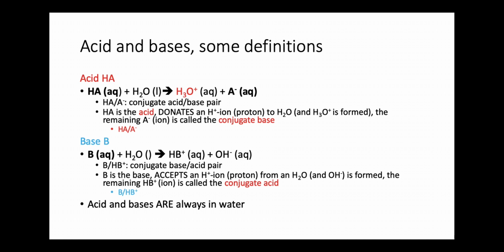So where you see H+ or H3O+, it's the same. The difference is whether we include water, yes or no. And water, that's important, because acids and bases are always in water. So to repeat, HA and A- is a conjugate acid-base pair, and here the same, B and HB+, the base and conjugate acid pair. The acid and the conjugate base are always together.